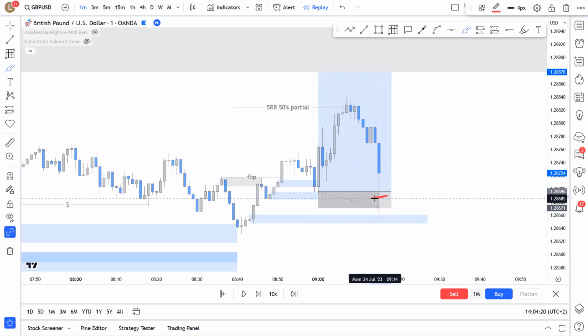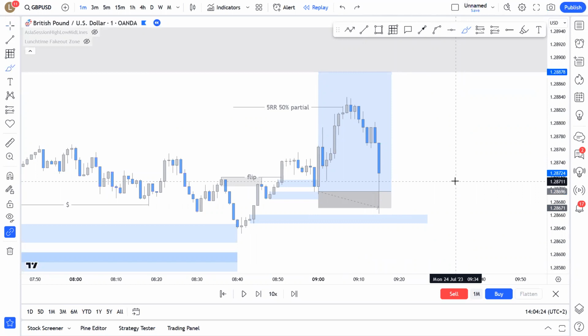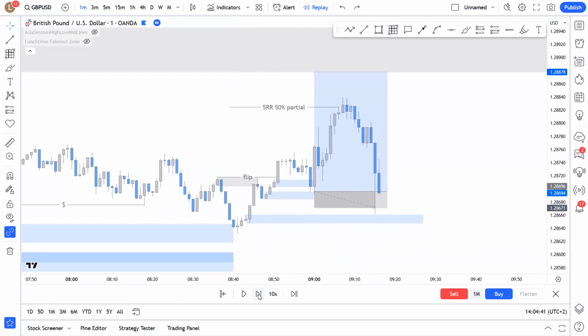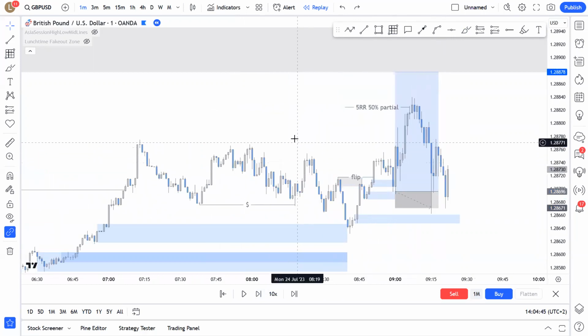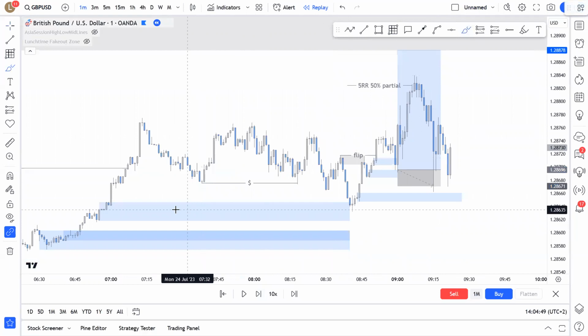I believe it took me out somewhere around here at a really small loss, so it didn't really matter, but I experienced a small slippage there, which has never happened to me before on IC Markets. Now I know that I can experience slippage on IC Markets too, so I will keep this in mind. Of course, I deleted my extreme order because news had been released. That's all about this trade. Simple, really easy plan, really easy trade.